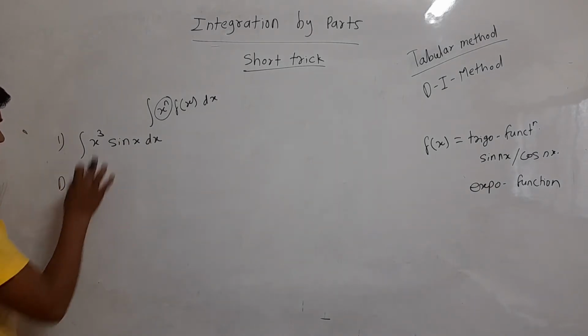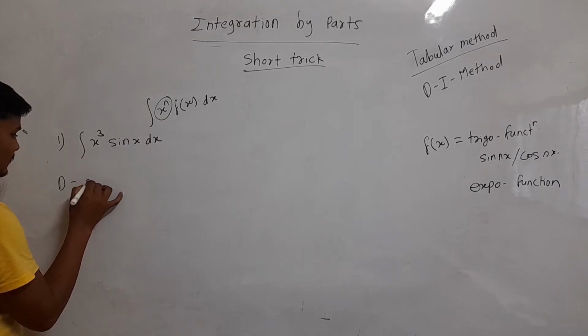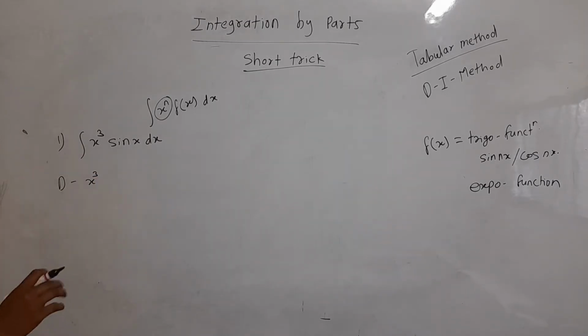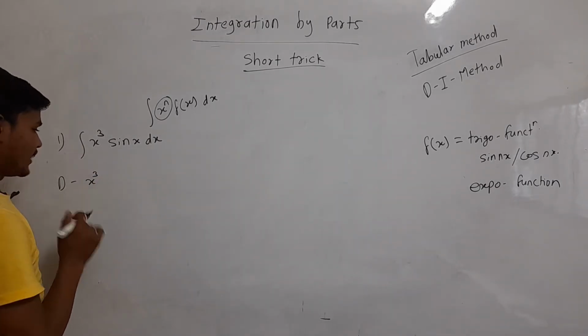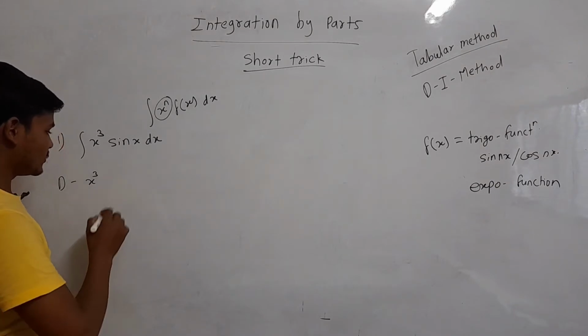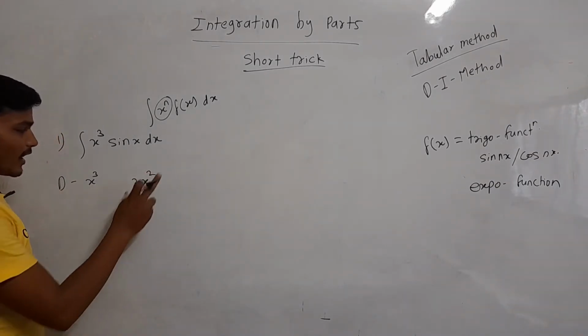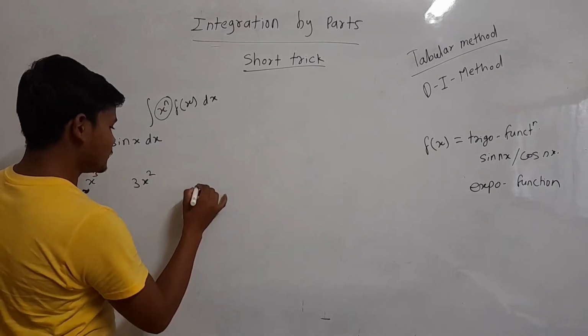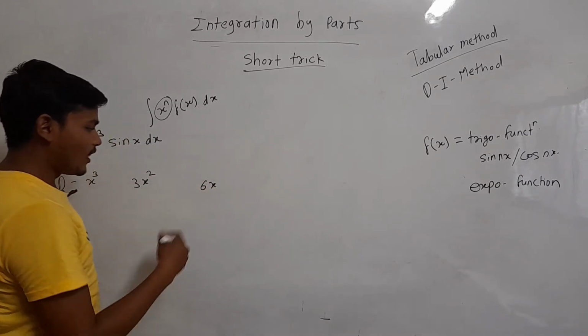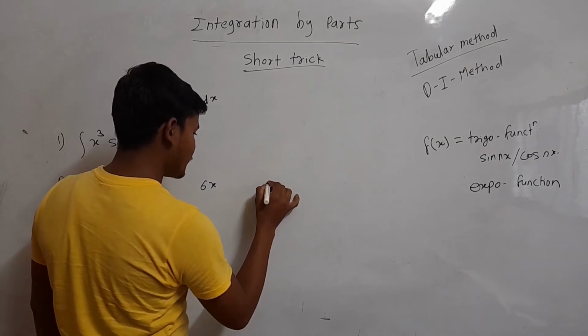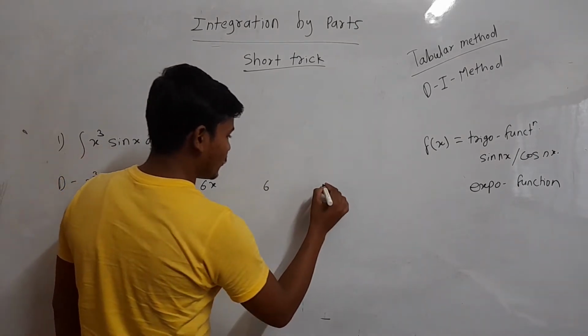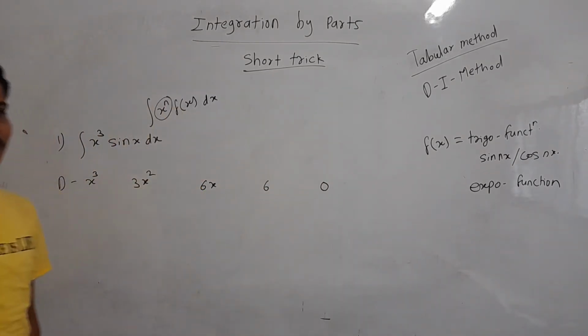Differentiating x cube gives 3x square, again differentiate it, 6x, again differentiate, then 6, and on differentiating again it will be 0.